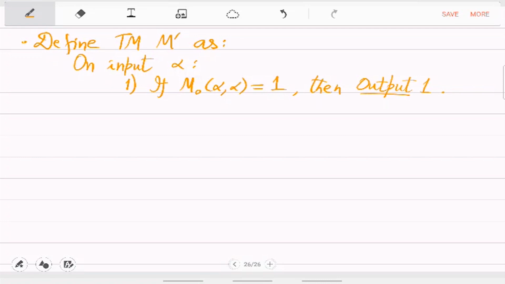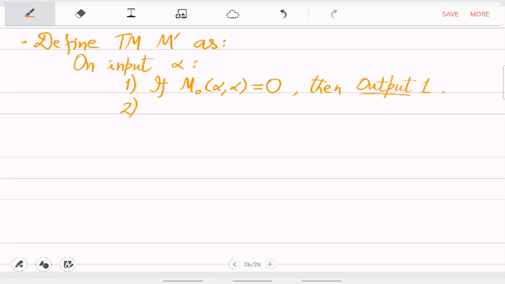Sorry, it should be the opposite. That is the beauty of it. Doesn't halt. If M alpha doesn't halt on alpha, then M prime will negate the answer. Okay, it will output 1.